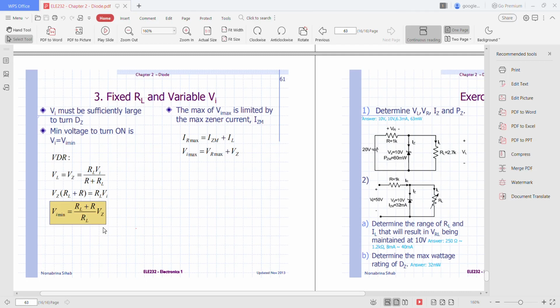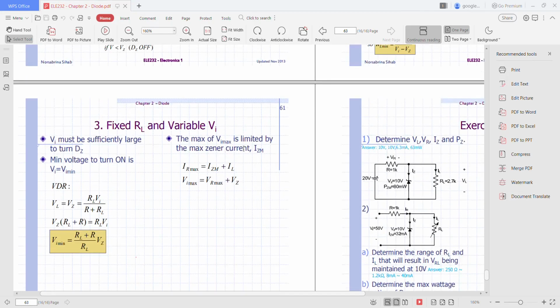The maximum value of Vin is limited by the maximum Zener current Izm. Since Iz equals IR minus IL, IR max will be equal to Izm plus IL.